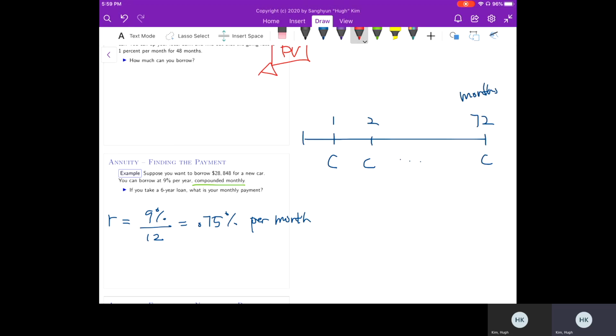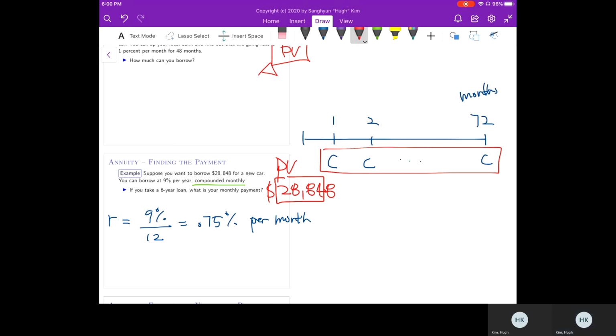You want to borrow $28,848. That's going to be the present value of your monthly payments, of these cash flows.